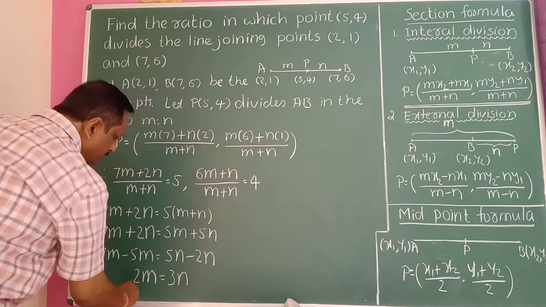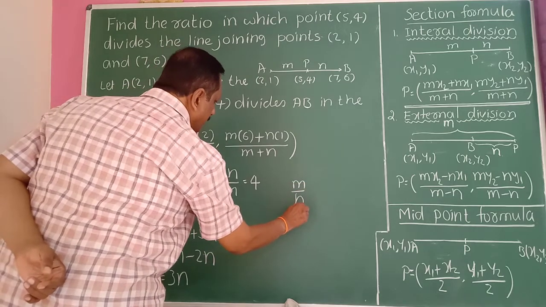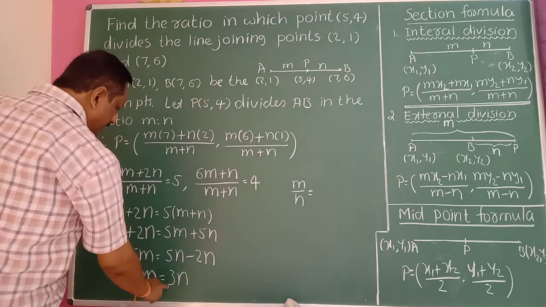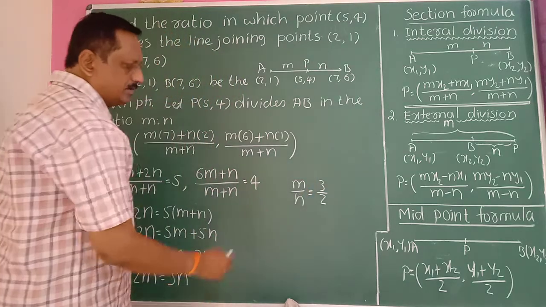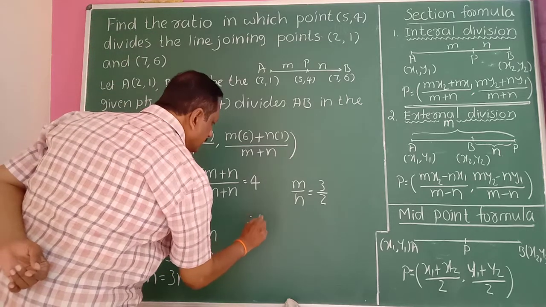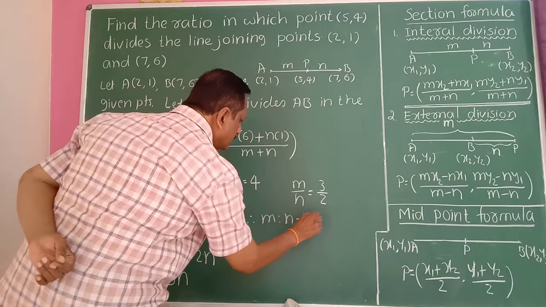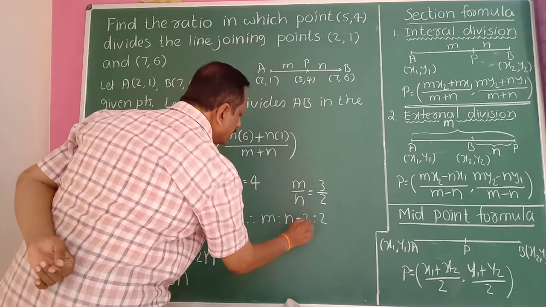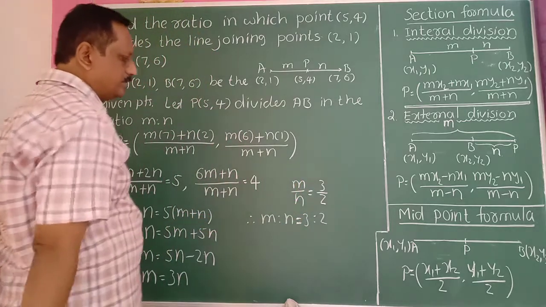Take n this side to that side here. Yes, m upon n is equal to 3 divided by 2, so 3 upon 2. Therefore this is a positive quantity here. Therefore we can write m is to n is equal to 3 is to 2.